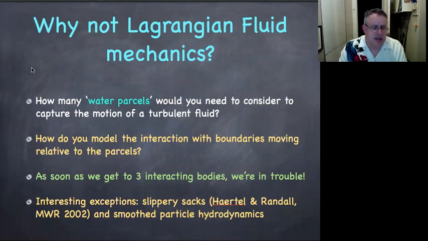There are some interesting exceptions to this rule. There's one paper by Hartel and Randall, and there's another where they imagine that they can model the ocean with slippery sacks that slide over each other. There's another fluid dynamics numeric scheme called smoothed particle hydrodynamics, which is sometimes used for planetary sciences.